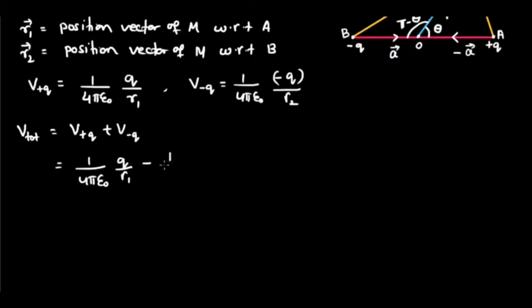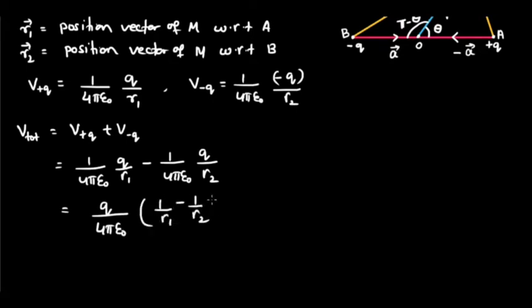So we'll get minus 1 by 4 pi epsilon naught q by r2. Now taking q by 4 pi epsilon naught common, I can write 1 by r1 minus 1 by r2. Is that clear? So this is the value of the total electric potential at the point M: Q by 4 pi epsilon naught into 1 by r1 minus 1 by r2.